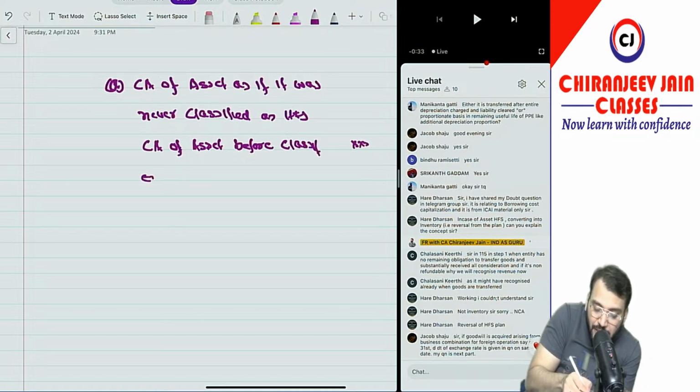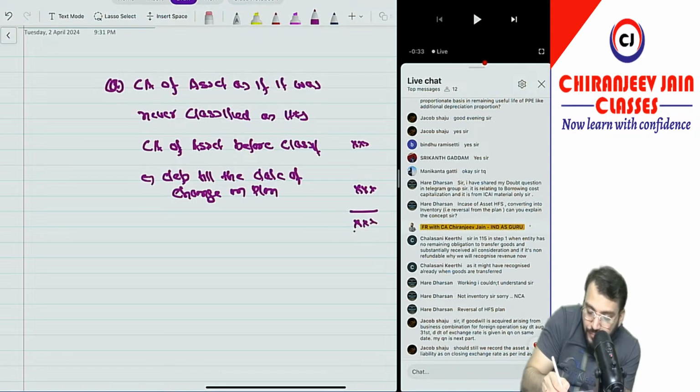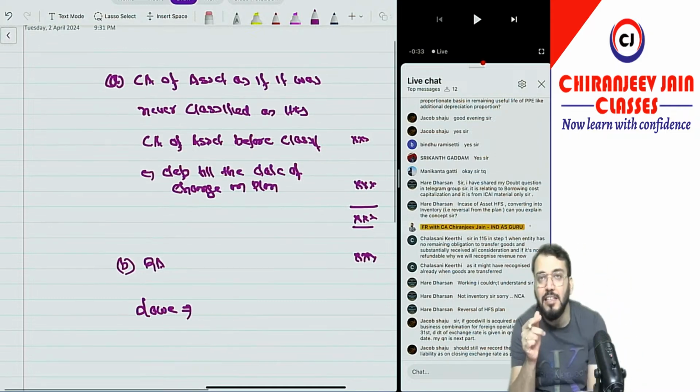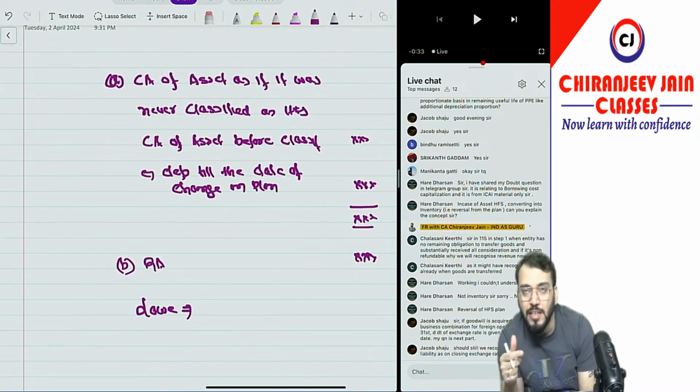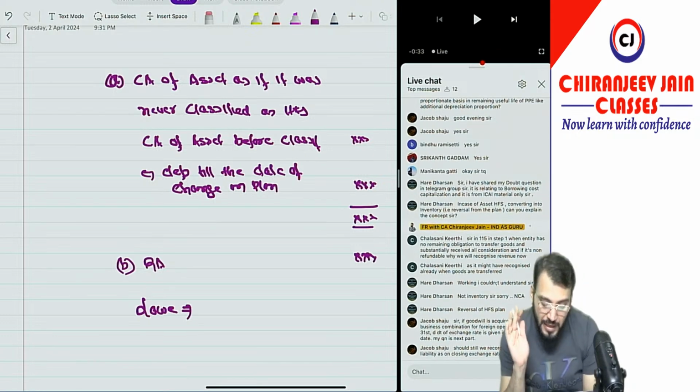From this deduct depreciation till the date of change in plan. This will be point A, and compare it with the recoverable amount given in the question. Take the lower one. The lower will be the new revised carrying amount, and any difference between the present carrying amount and the revised carrying amount will be adjusted in the profit and loss account. Understood? Correct? Hare, is your doubt over?